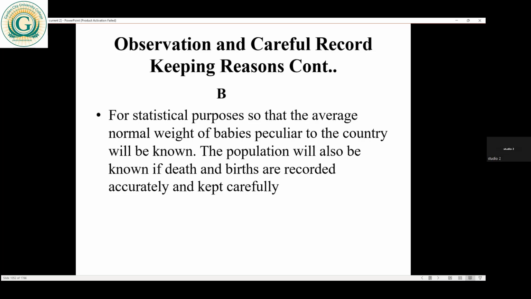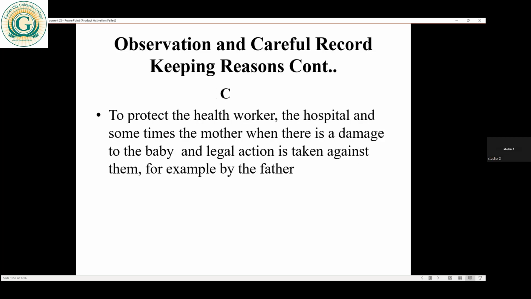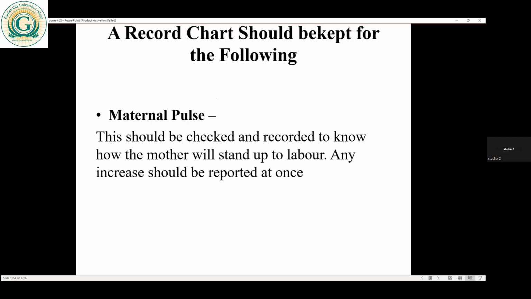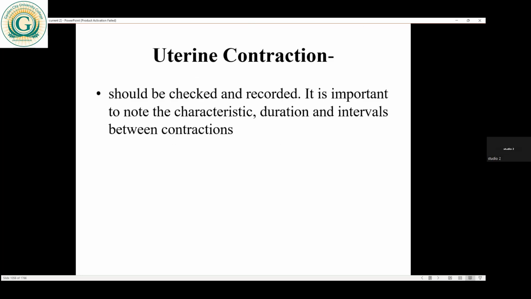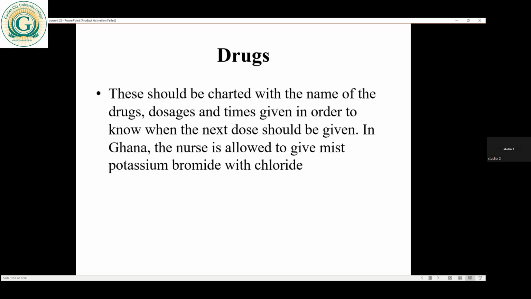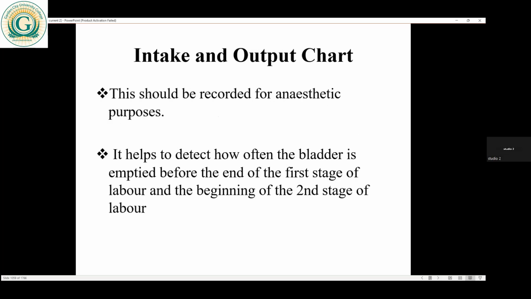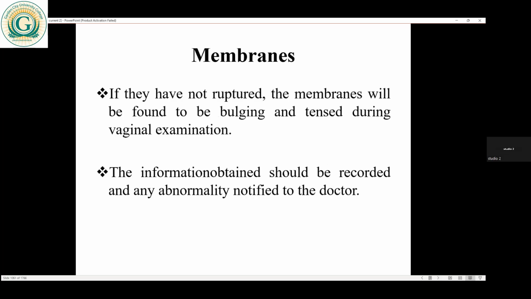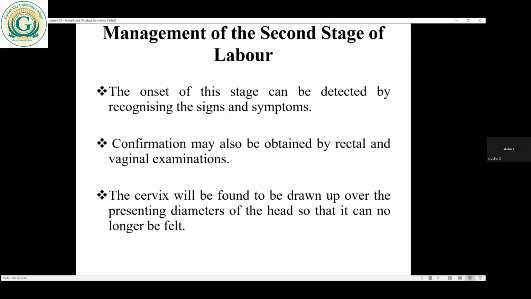We take records of the maternal pulse, blood pressure, uterine contractions, fetal heart sound, drugs that she has taken and she's taking, the intake and output chart, urine testing, and membranes. We check all these things. So that is the first stage management.